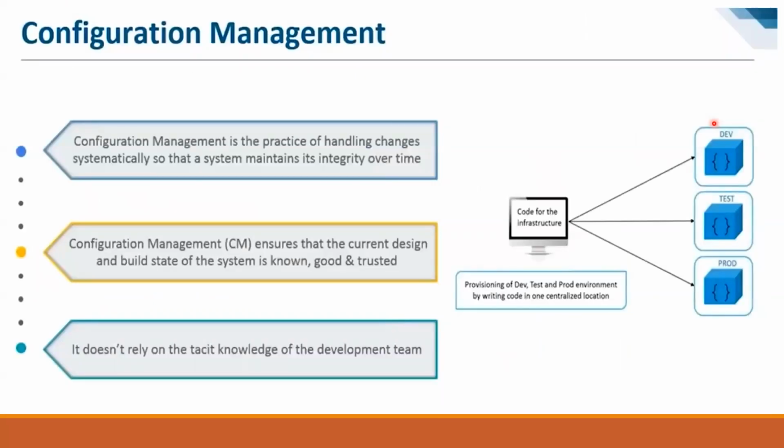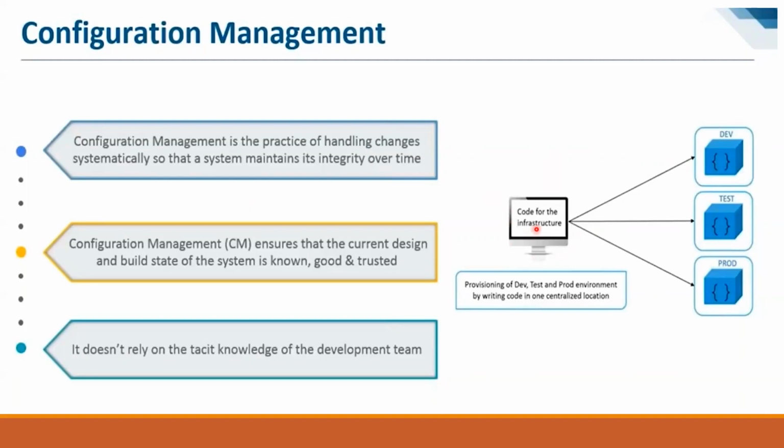Configuration management is the practice of handling changes systematically so that the system maintains its integrity over time. Configuration management ensures that the current design and build state of the system is known as good and structured. So it does not rely on the technical knowledge of the development team. Something like this is an Ansible server.